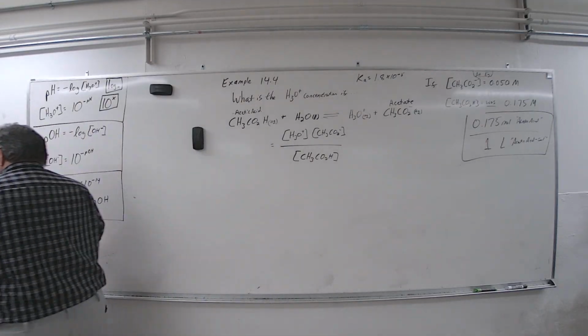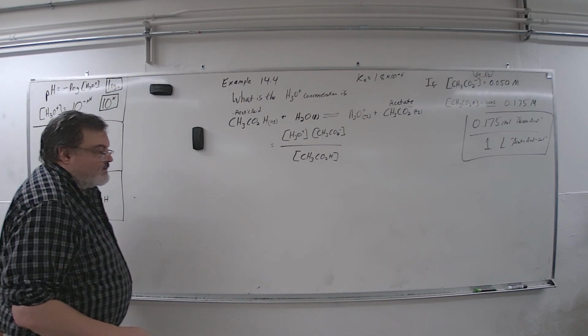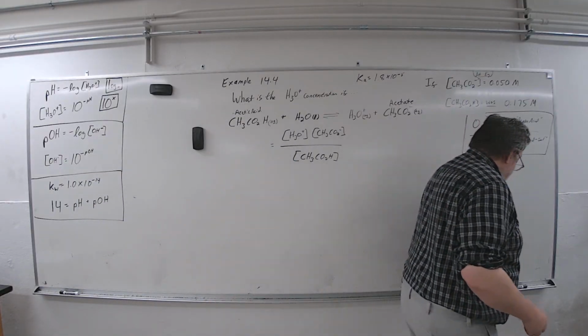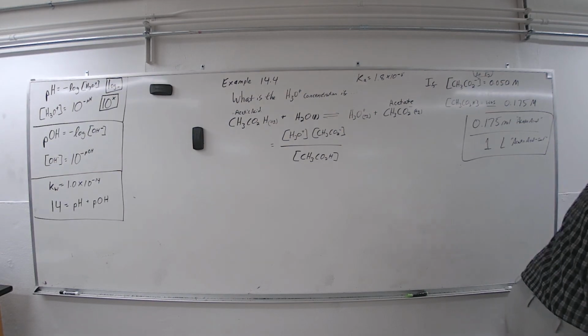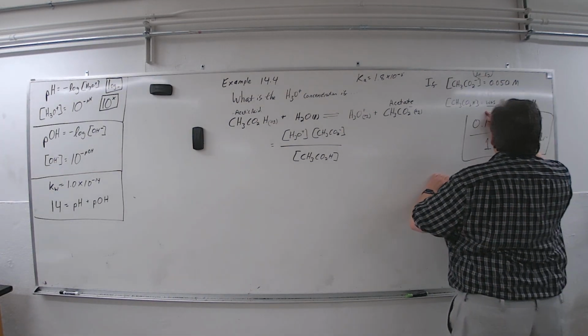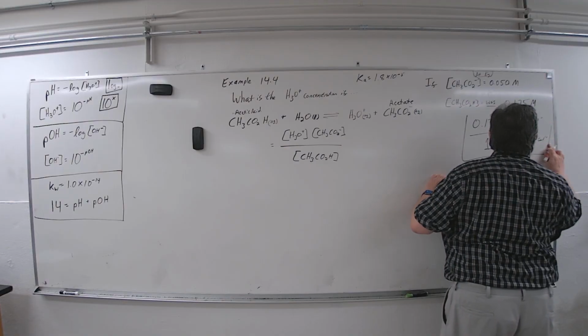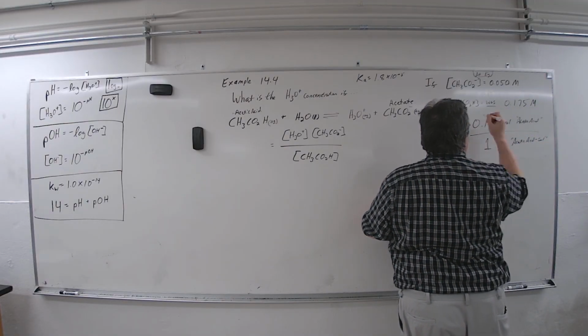So let's put it like this. You're asked a question. Someone said, I mixed up. Here's what you're given. This is what you're given as the problem, without the equation.